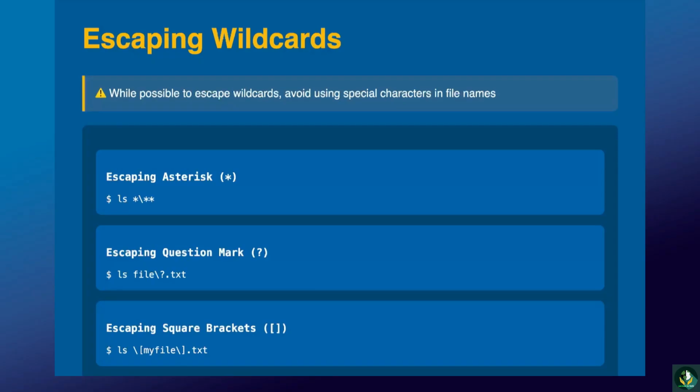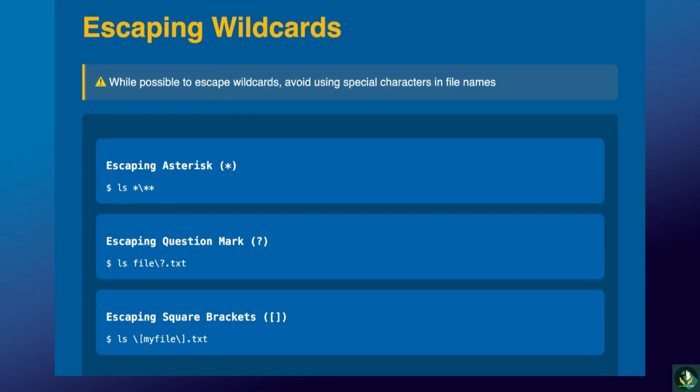Again, I'd like to remind you to try not to use special characters in your file names, but there are some cases when it is needed and you want to find the files containing special characters in their names. Let's take a look at these three examples. In the first example, we're searching for the files containing asterisk in the middle of their name.